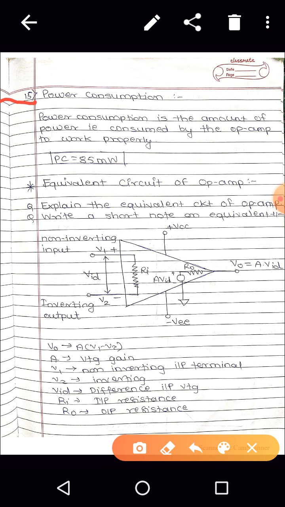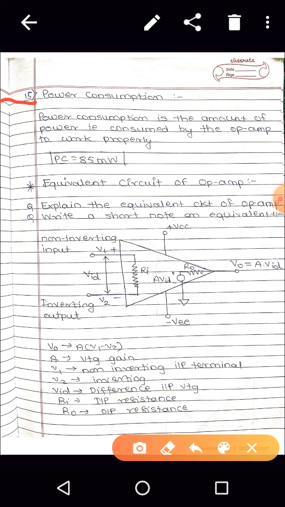PC is equal to 85 milliwatt. It is the power consumption of IC741.